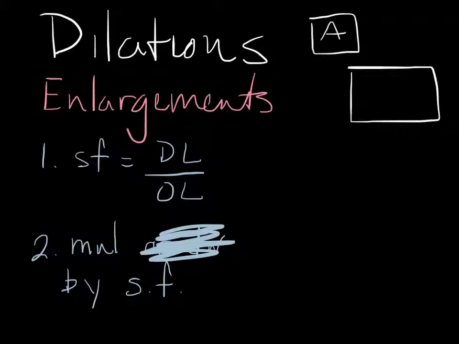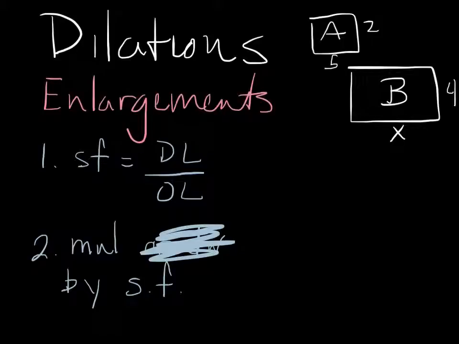This is A and this is B. You are dilating or enlarging A to B. The length that we know is 2 to 4. We also know, but we want to know what, let's say 5 to x is. Well, you can set up a proportion, but in this case we'll use scale factor.